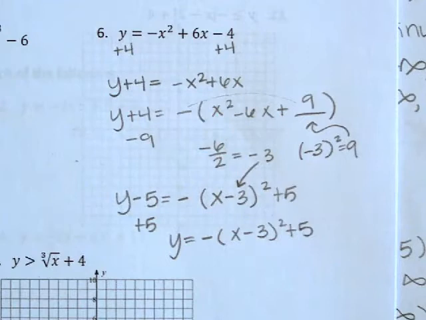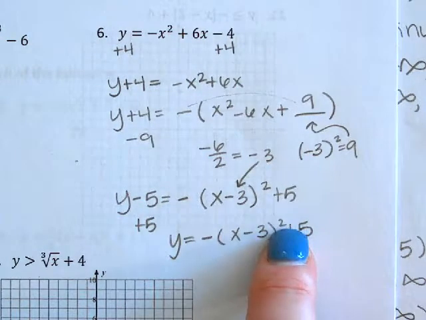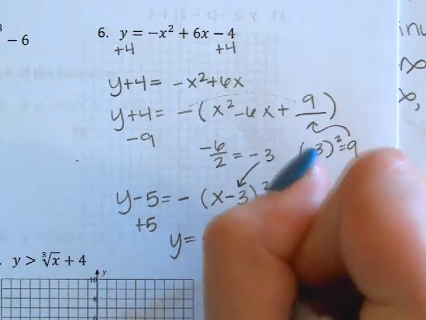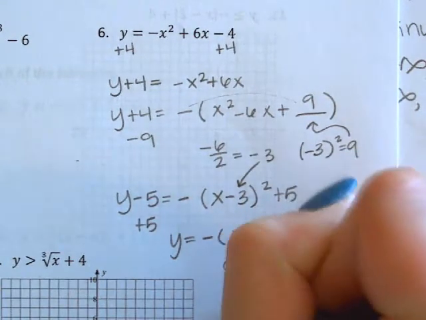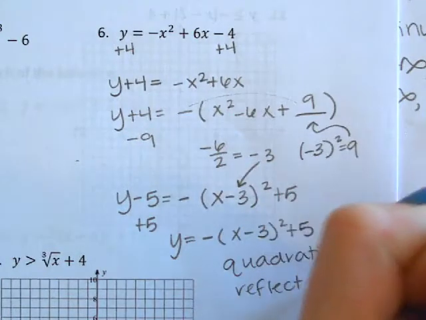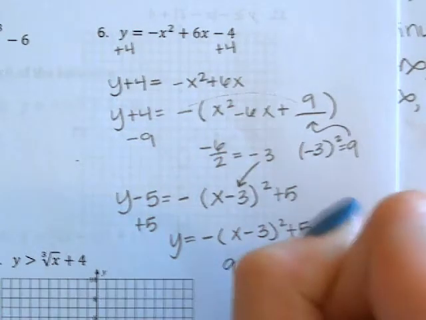Reflected over the x-axis, right 3, up 5, and what is the parent function? It's got a squared, so the parent function is a quadratic. Okay, so for this one we would say quadratic, reflect over x, right 3, up 5.